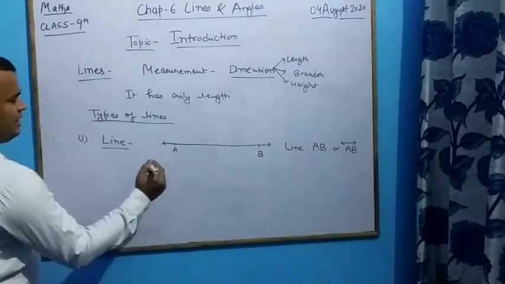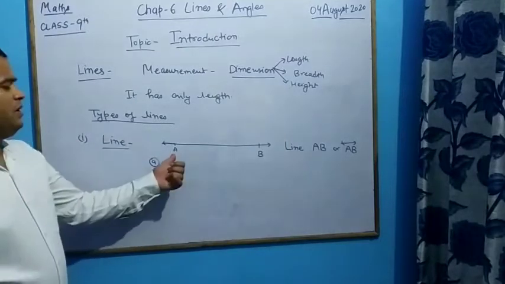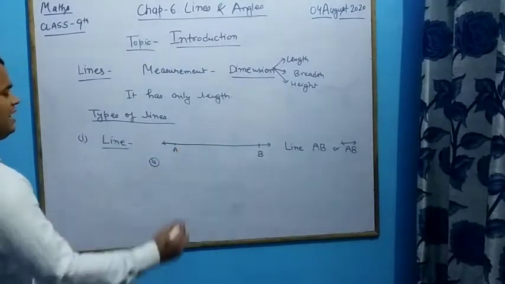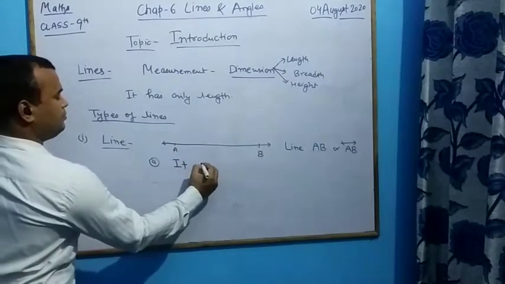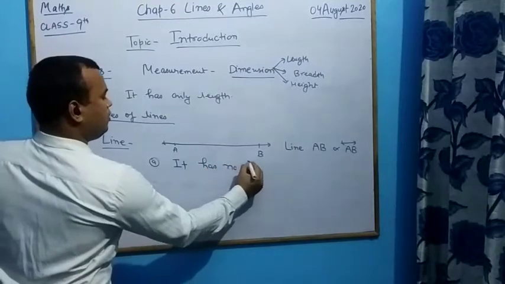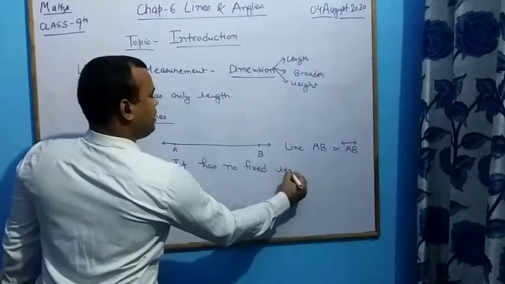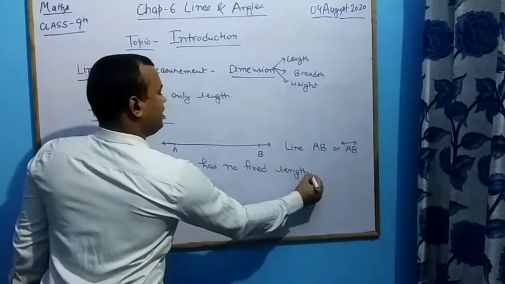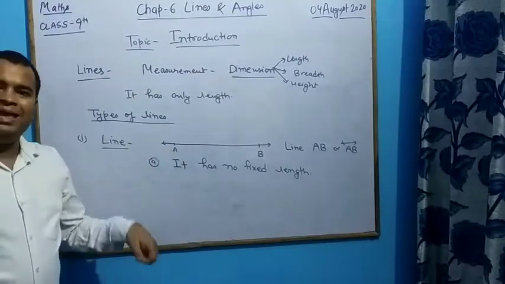Now there are various properties of lines. One of the properties of a line is that it has no fixed length. It means that the length of a line is not fixed. Why?